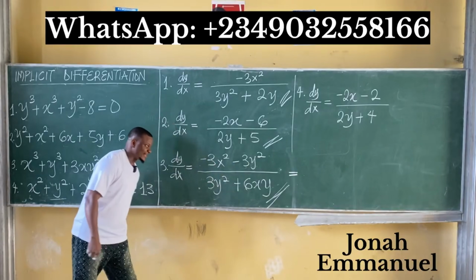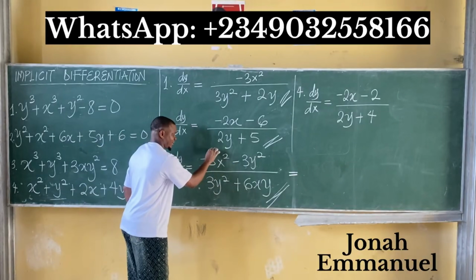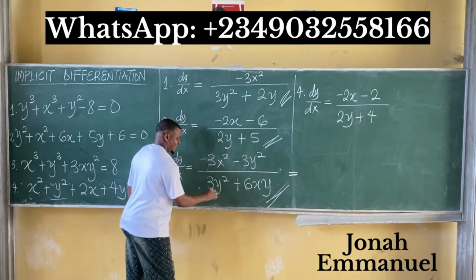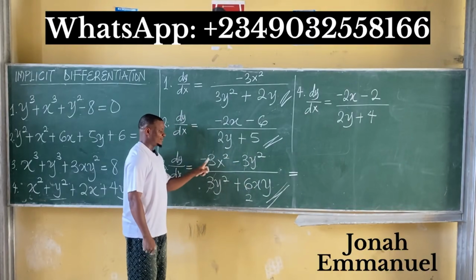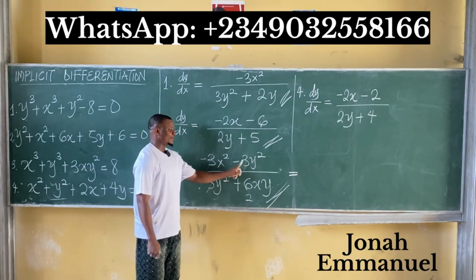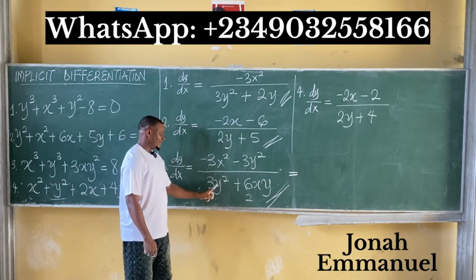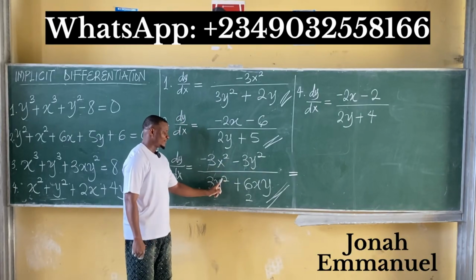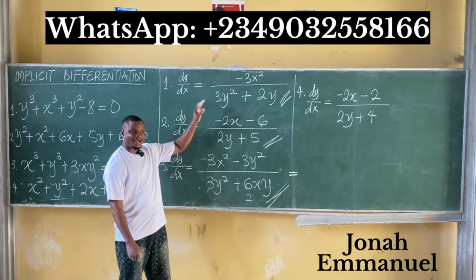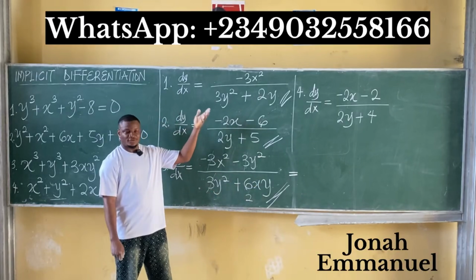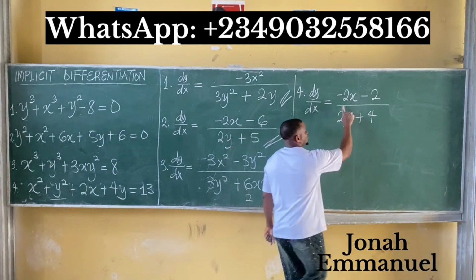So let's factorize 3 out. If I take out 3 here, 3 here, 3 here, what do you have here? 2. So this would be minus x squared minus y squared all over y squared plus 2xy. Factorize because you have the same term in all of them. Here, do you have a common term?